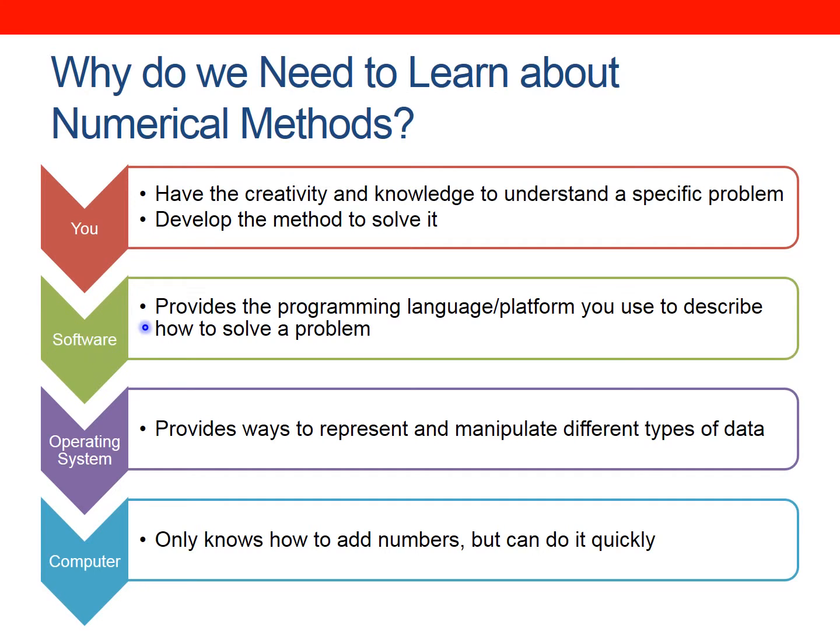Whether this is a CFD code or an FEA code, or a programming language such as MATLAB, this provides the program language or platform that we use to describe how to solve the problem, and that's all it does.